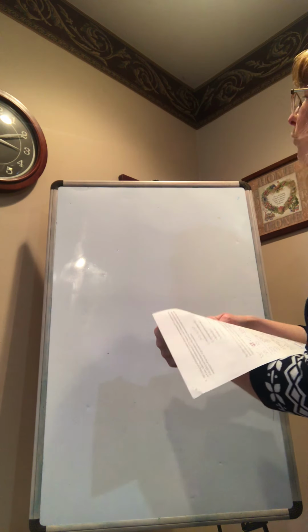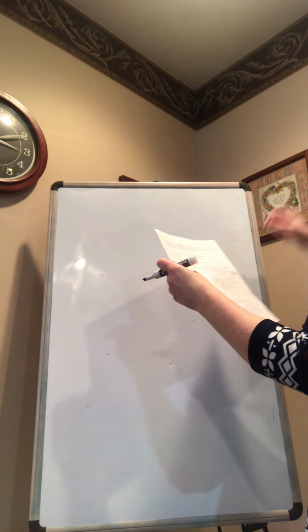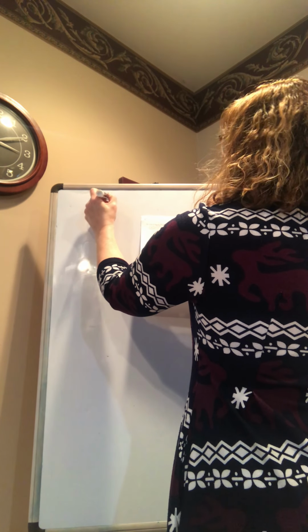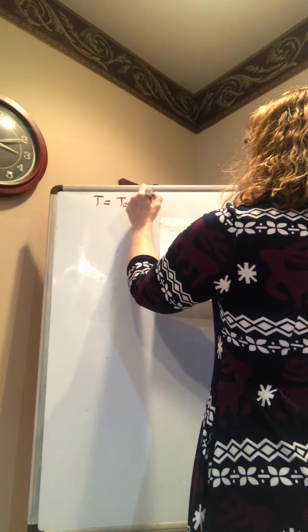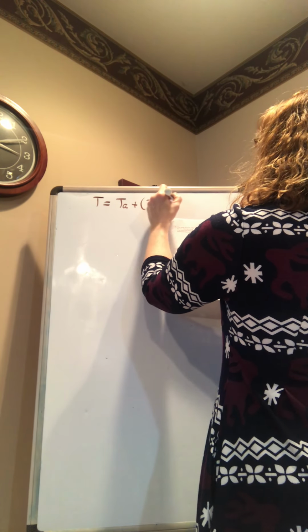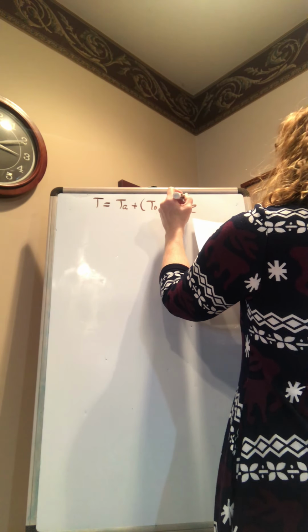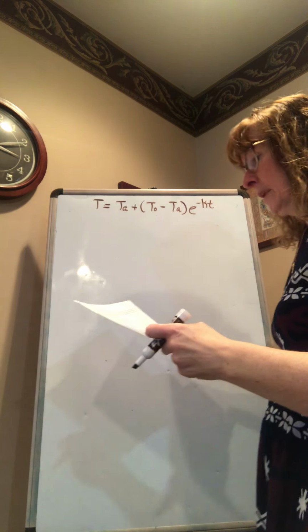All right, so you got this big, big formula on this one. I'm not gonna read the whole thing. We're cooking a turkey. So the temperature T of t equals T of A plus T of 0 minus T of A, times e to the negative k t.